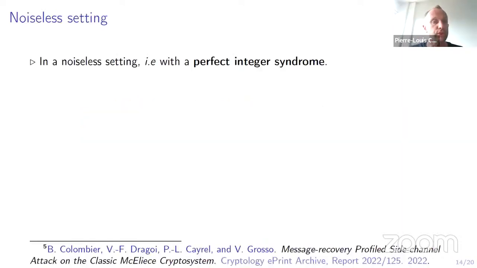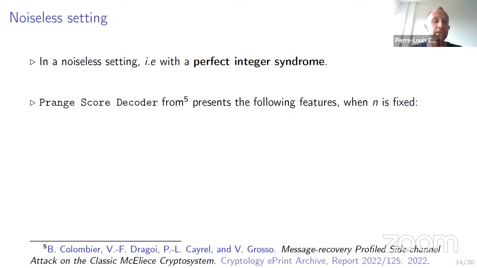We implemented it and we obtained several experimental results. First of all, we start in the noiseless setting, which means that we have a perfect integer syndrome. So we have the value of the syndrome in Z. All the computations were done properly. We analyze this using side channel and obtain the correct results. And we have an algorithm which has the following features.